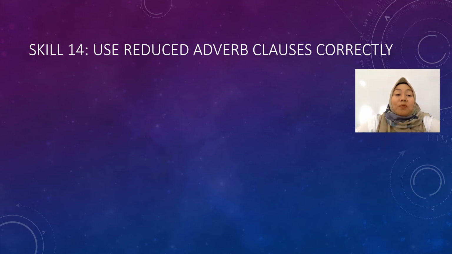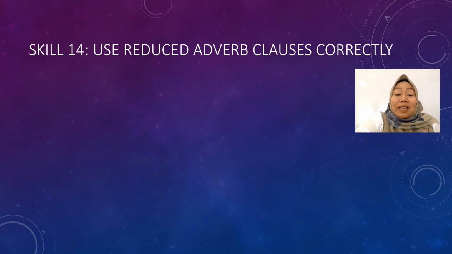All right, now for skill 14, we will see the reduced form of adverb clauses. Skill 14 is use reduced adverb clauses correctly. You also have learned in a previous meeting the skills on dealing with adverb clauses.